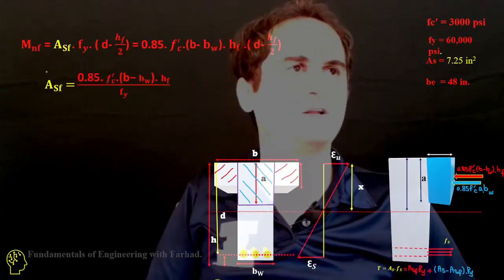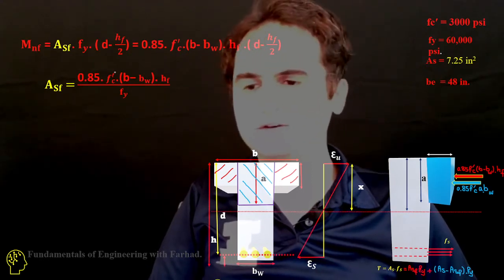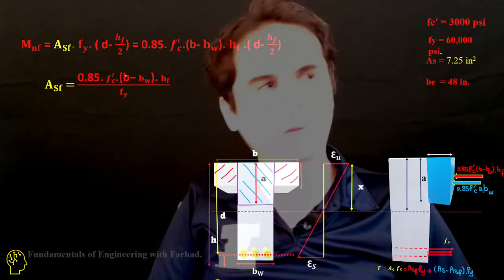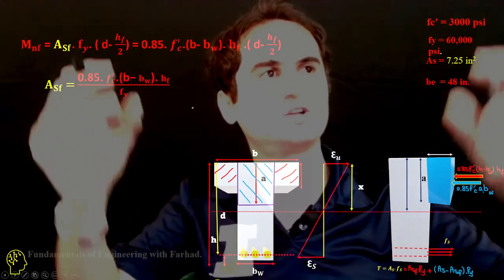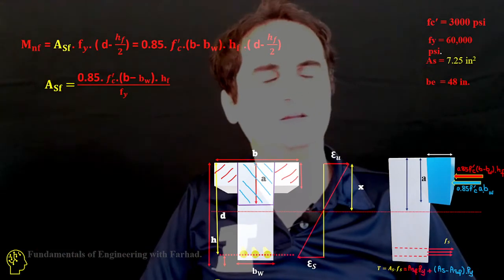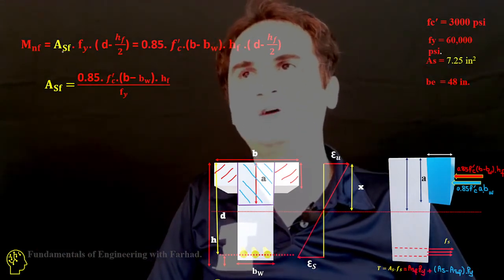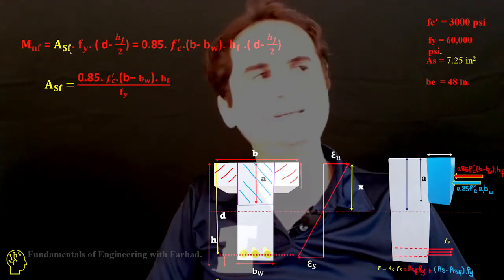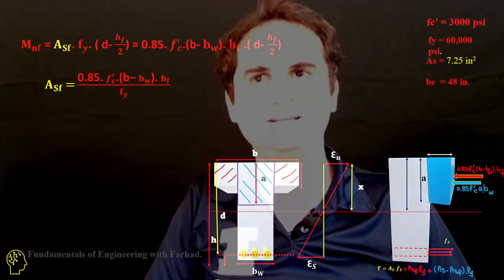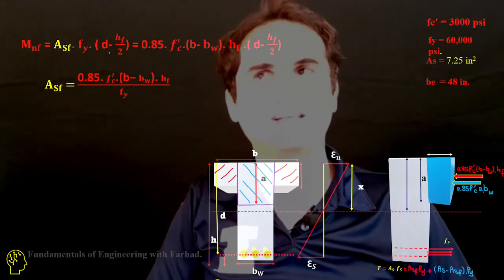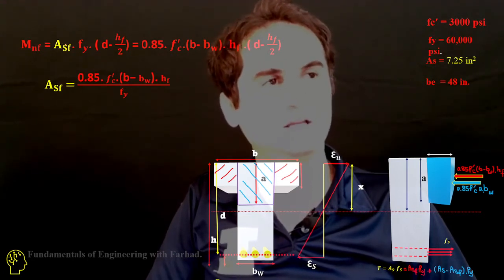The first part is very similar to a double reinforced section. We consider the extra part of the top flange as something equivalent to area of steel in flange. In the real case, we don't have any steel in the flange, but we just assume they act like reinforcement in the top of the section.